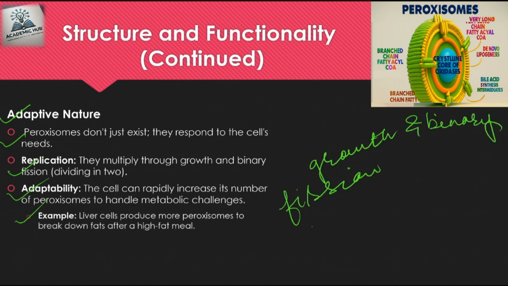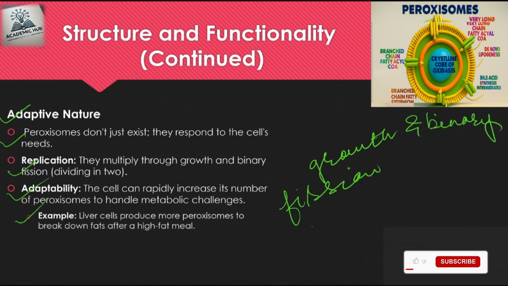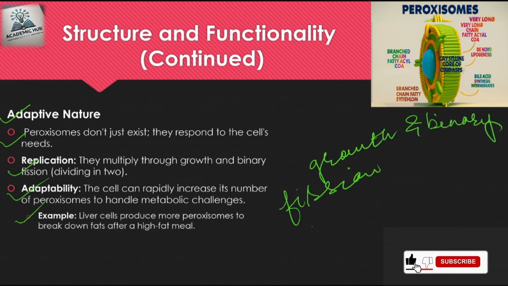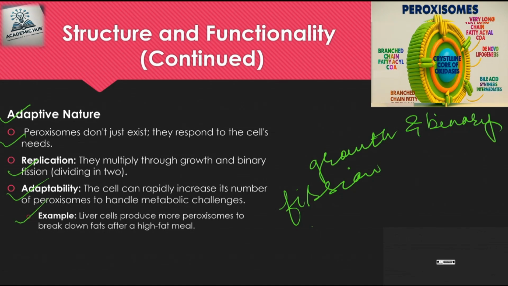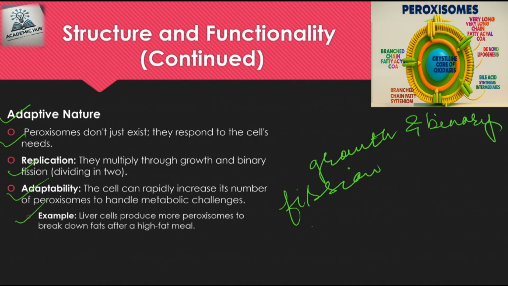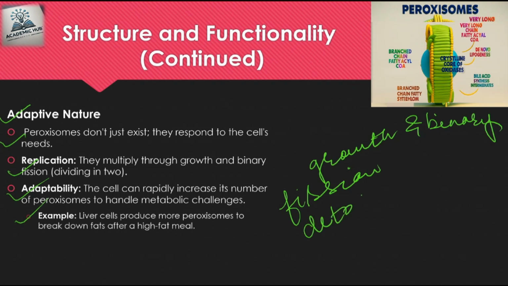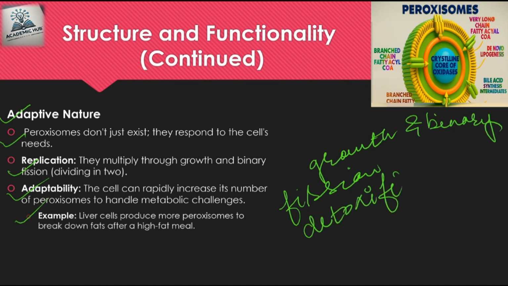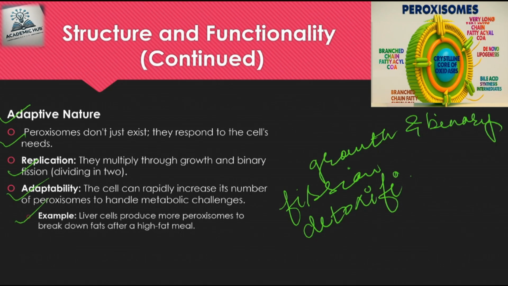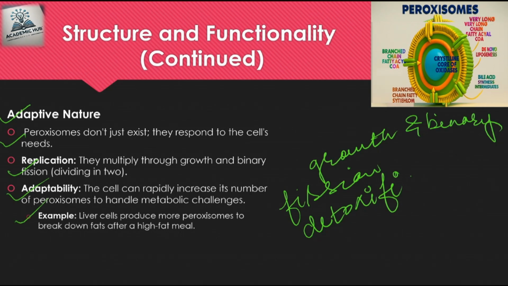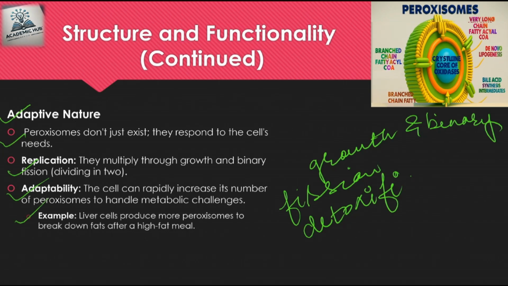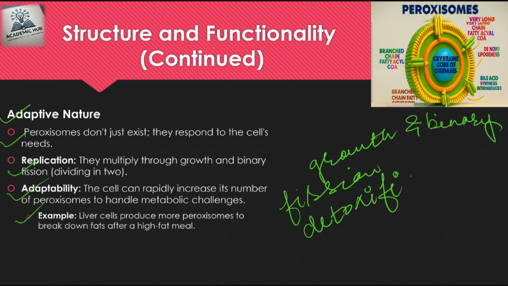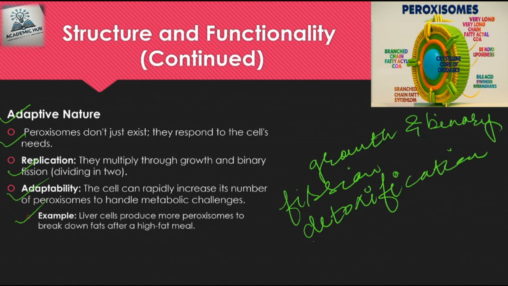This dynamic capability ensures that the cell can rapidly adjust its peroxisome population to meet fluctuating metabolic demands and detoxification challenges. Detoxification challenges means the many types of metabolic byproducts produced inside the body that may be toxic to the body.